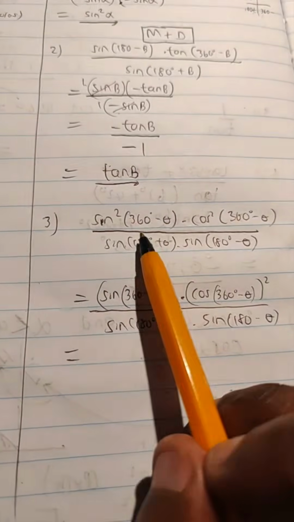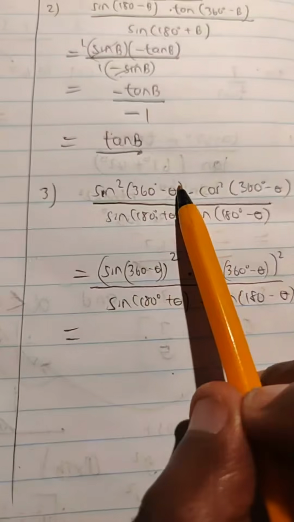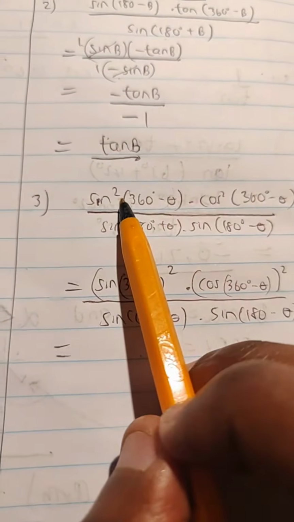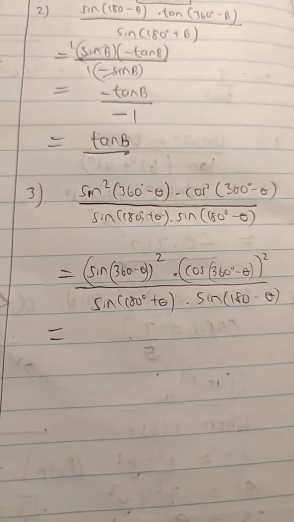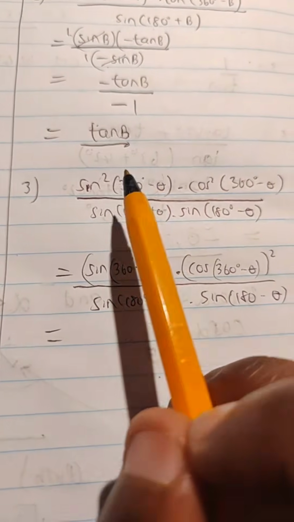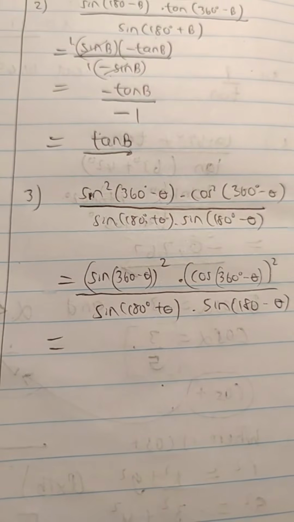Because you see, when you evaluate this, you know that what's going to come out of it is going to be a positive answer, because you have an even exponent. An even exponent applied to a negative or positive sign will always result in a positive answer. But if there was an odd exponent, when you apply it to a negative sign, it leads to a negative answer. So that's something you need to be aware of.